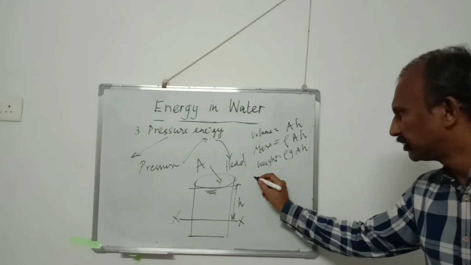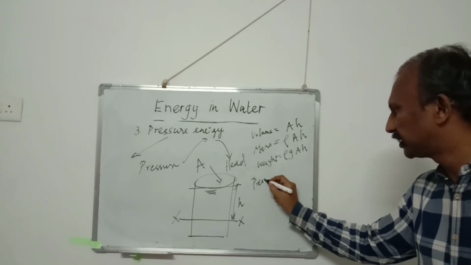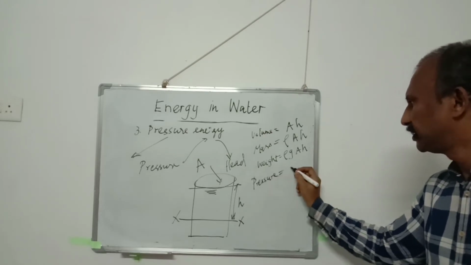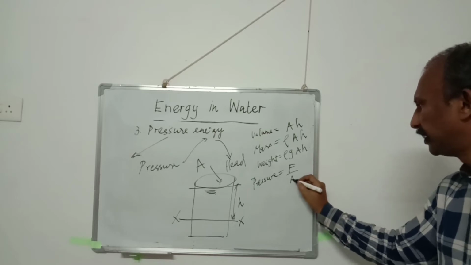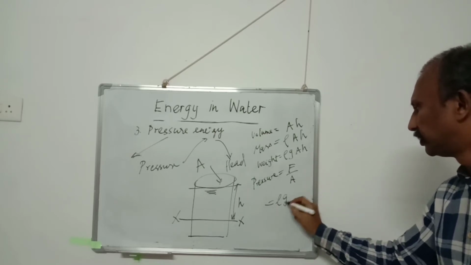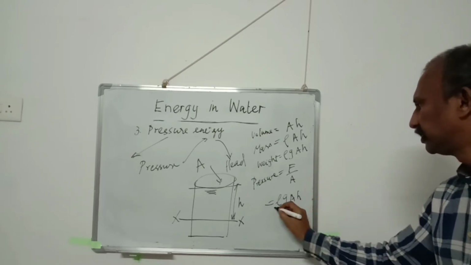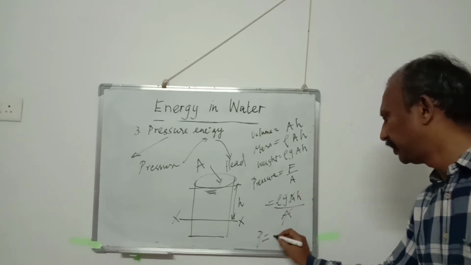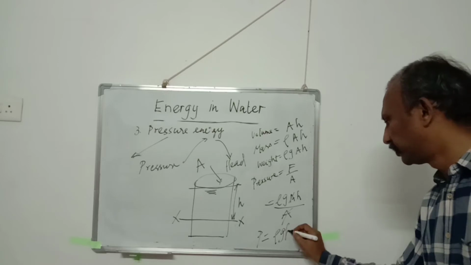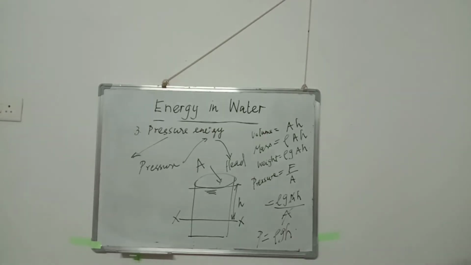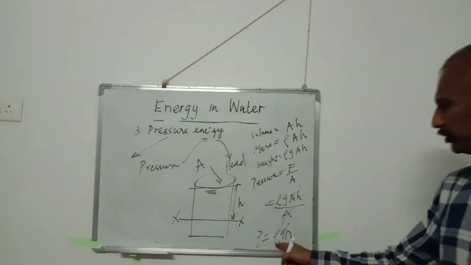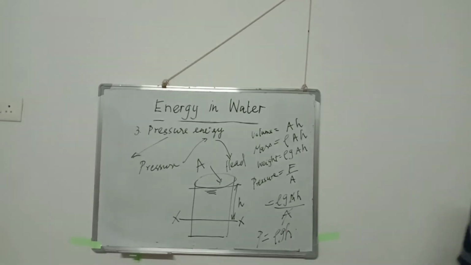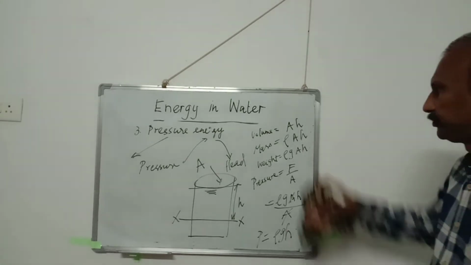So what is the pressure at XX? Pressure is equal to force divided by area. So it is rho g A h divided by area, and you get pressure equal to rho g h. So in order to find the pressure, you should make use of the formula rho g h.